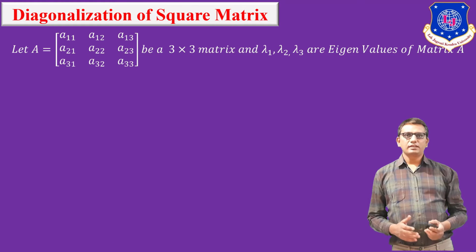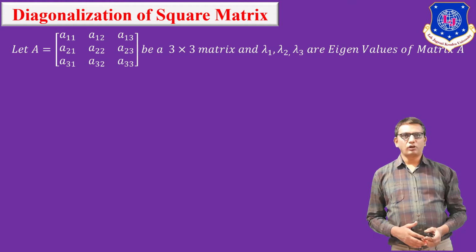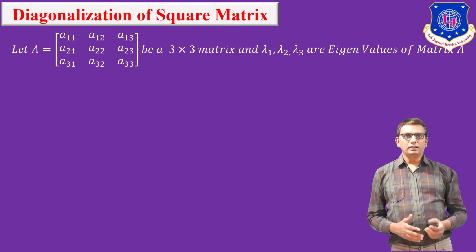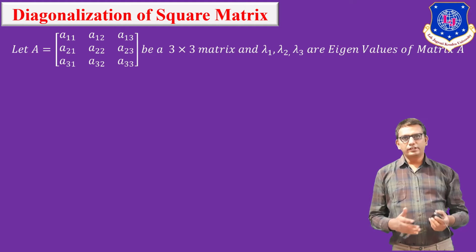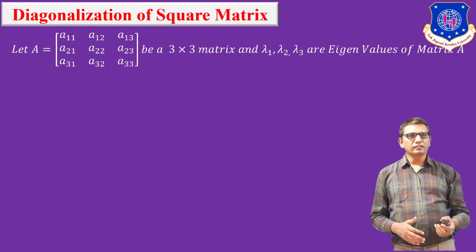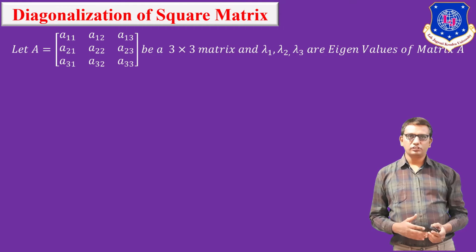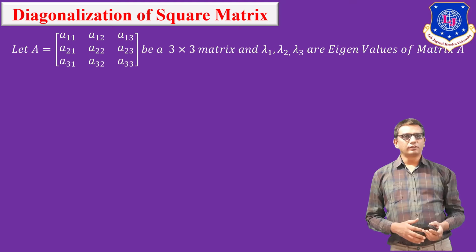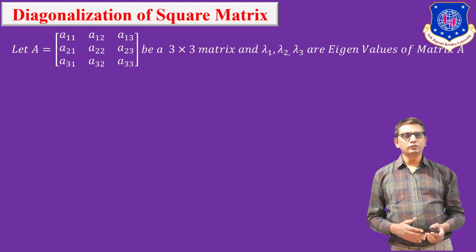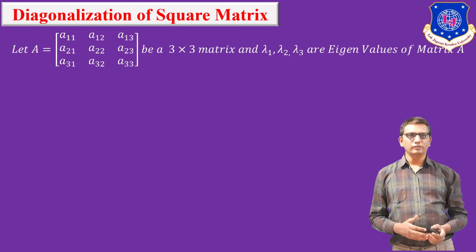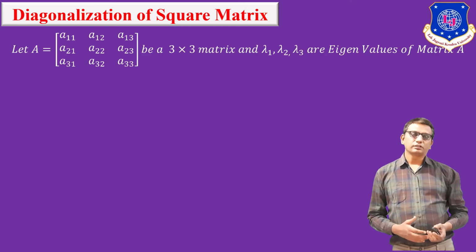Here A is a square matrix of order 3 cross 3 and lambda 1, lambda 2, lambda 3 are eigenvalues for matrix A. Already we know how to find the eigenvalues and eigenvectors. So here our first step is to find the eigenvalues and eigenvectors for a given matrix, either 3 cross 3 or 2 cross 2 order.